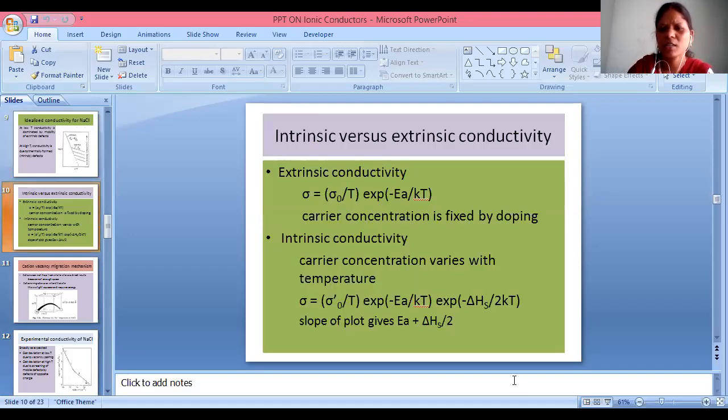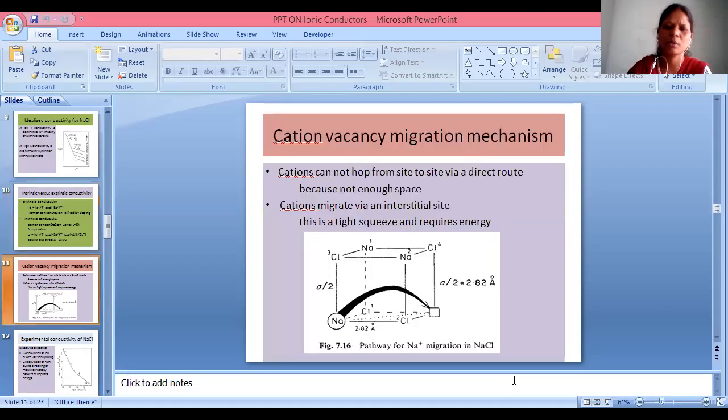Now, intrinsic versus extrinsic conductivity. Extrinsic conductivity occurs because of doping. When doping occurs, the carrier concentration is fixed, that means constant. In the case of intrinsic conductivity, the carrier concentration is not constant, it varies with temperature, and the relation is given below.